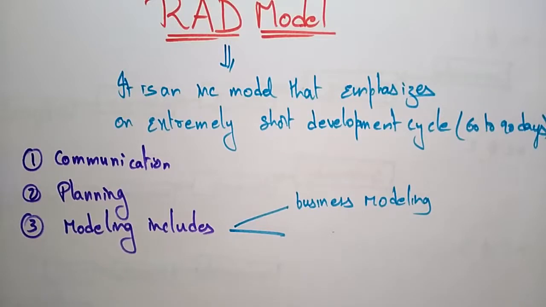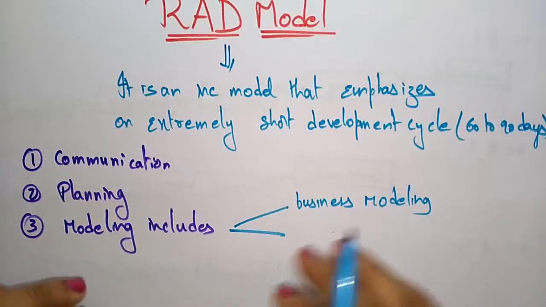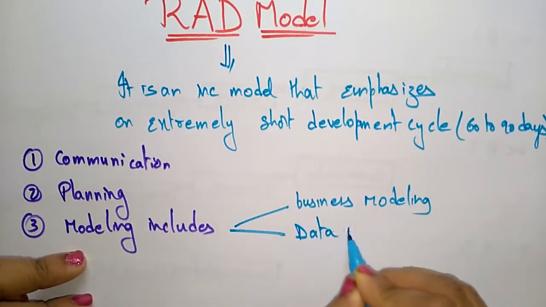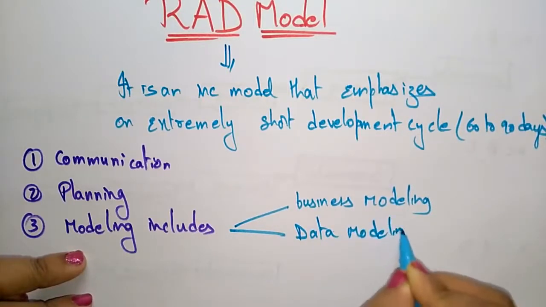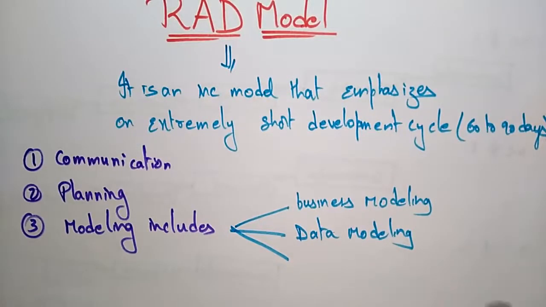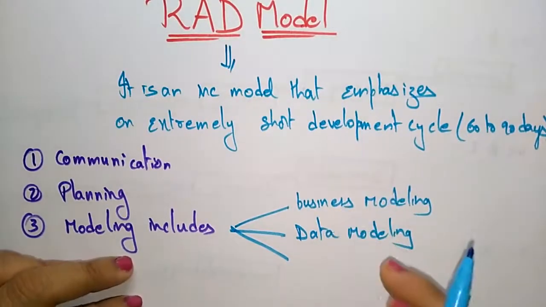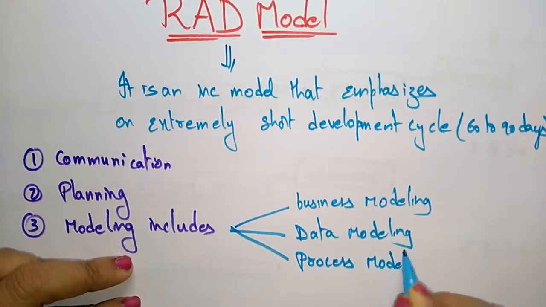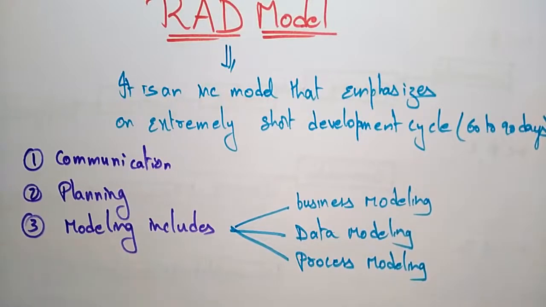For understanding, they can use different types of modeling. They can introduce business modeling, and they can take data modeling. The modeling can be used for a clear-cut view of the product or the process: business modeling, data modeling and process modeling. Any one of the modelings can be included, or all three can be included.